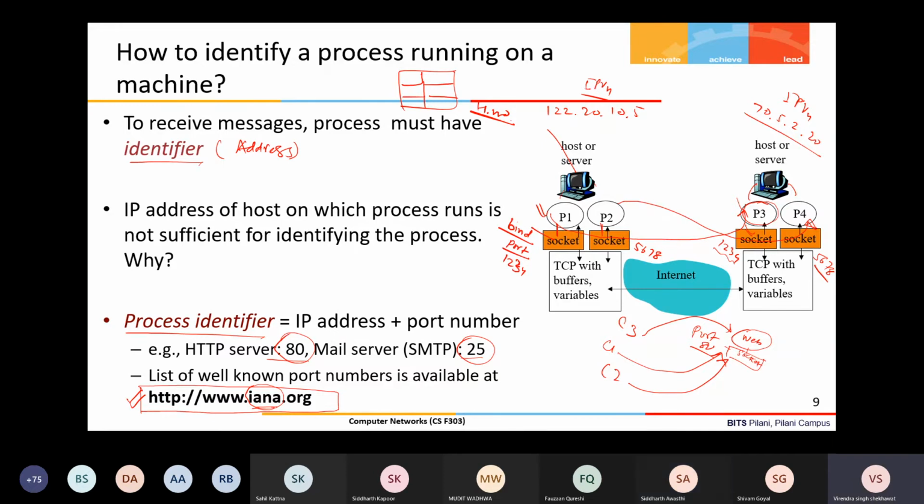A process may have multiple threads. One process is running, and it can handle multiple requests. One way is that it handles requests one by one. That's one way of designing a server, but that's not a good thing.